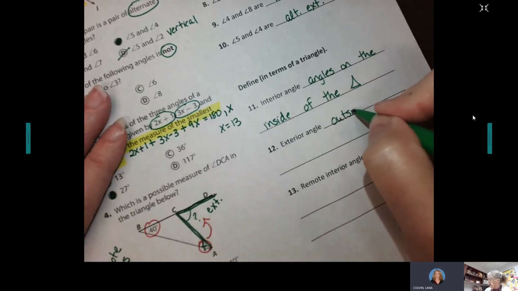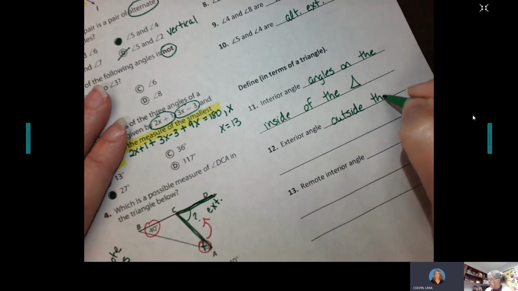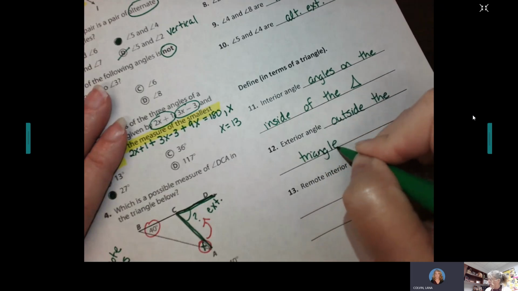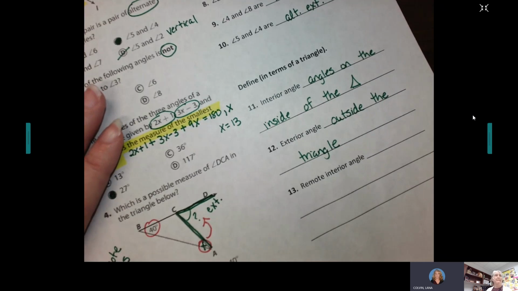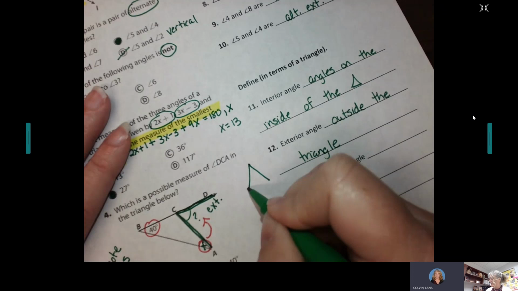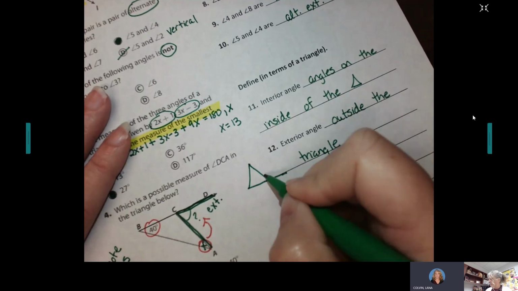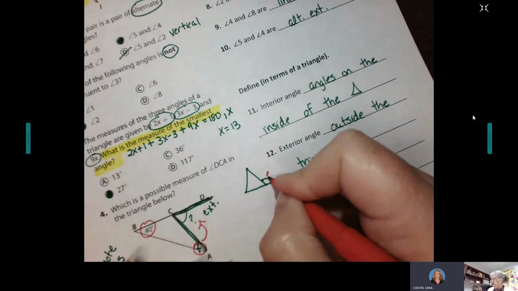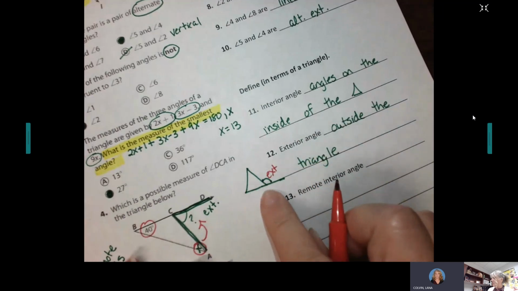Outside the triangle. So this angle right here is exterior. You see how it's outside of the triangle?